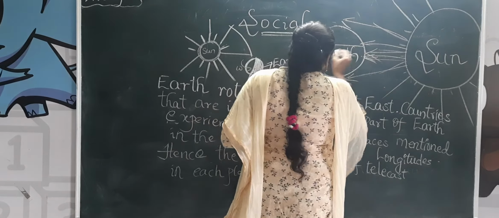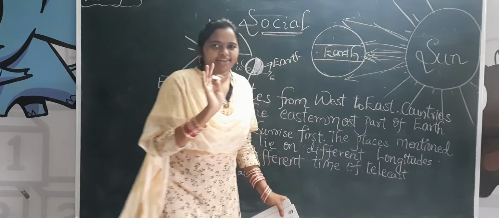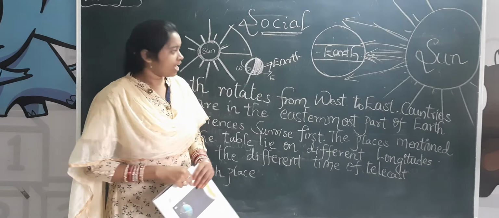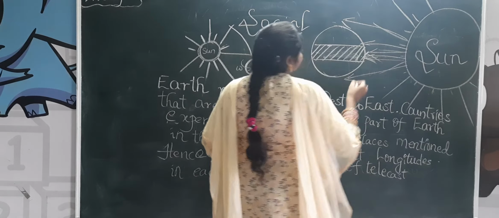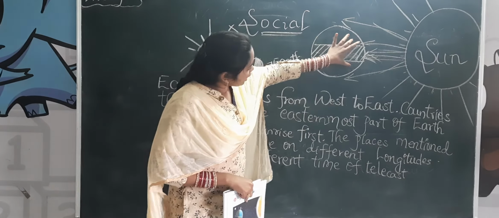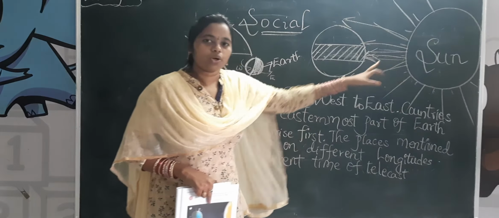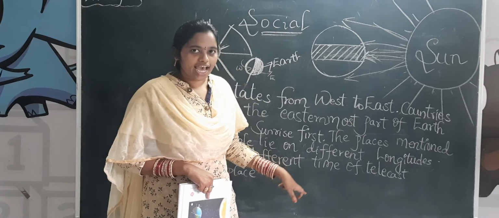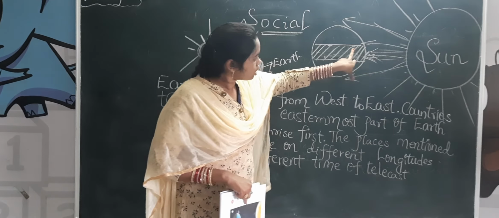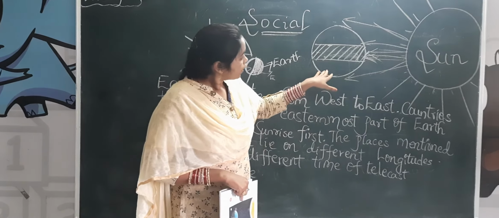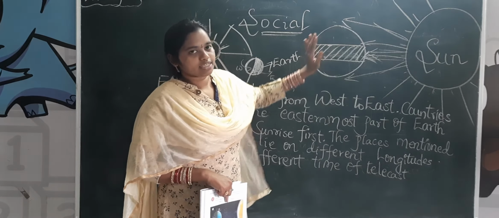The equator region gets more heat from the sun. It's extremely hot compared to this region and this region, because the sun rays fall directly on this region of the earth, compared to that place and this place.